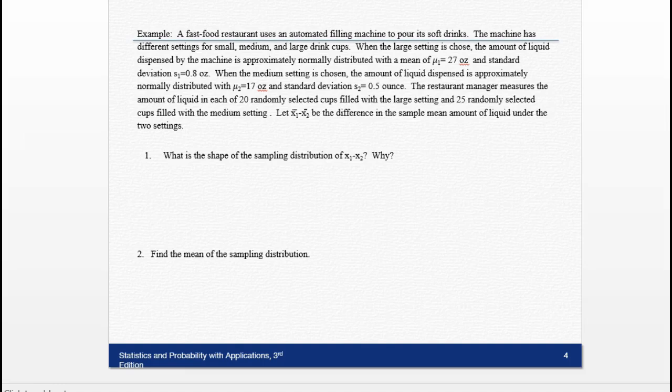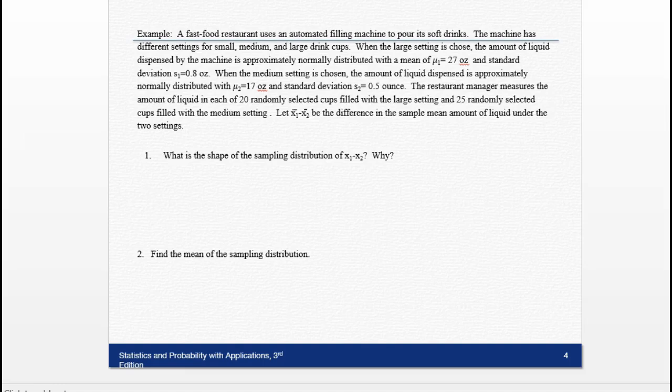When the medium setting is chosen, the amount of liquid dispensed is approximately normally distributed with a mu of 17 ounces and a standard deviation of half an ounce. The restaurant manager measures the amount of liquid in each of 20 randomly selected cups filled with the large setting and 25 randomly selected cups filled with the medium setting. Let x bar 1 minus x bar 2 be the difference in the sample mean amount under the two settings.